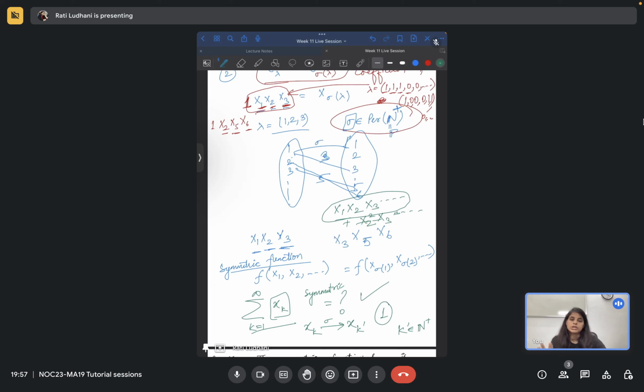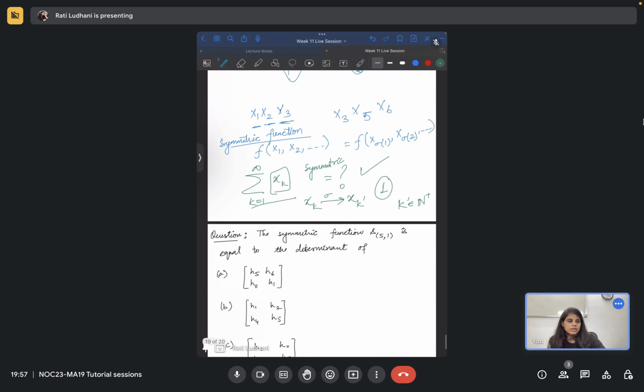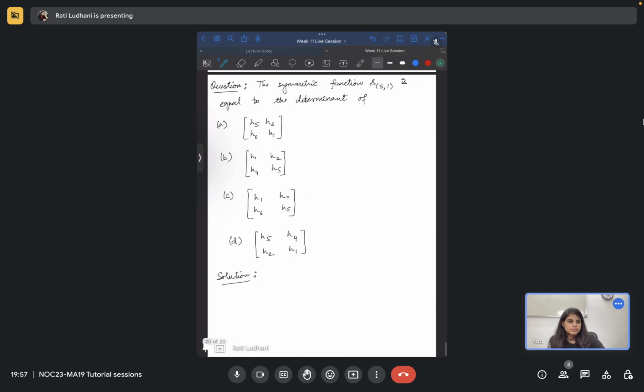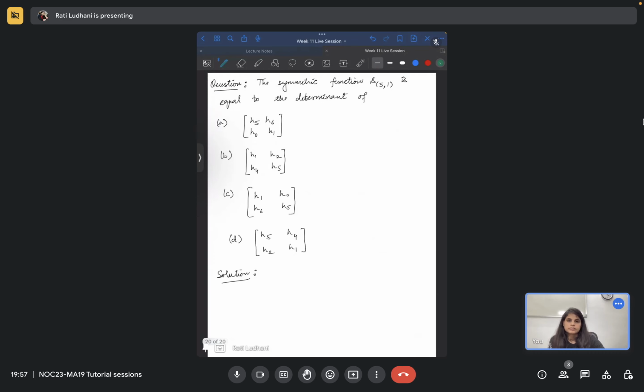We are not allowing that for symmetric functions in this power series setting. The product cannot be infinite, that we should remember, because that cannot be defined in any other term. Okay, let's move to the last question.